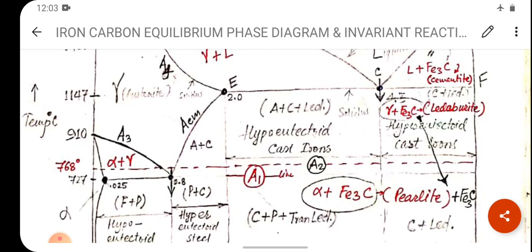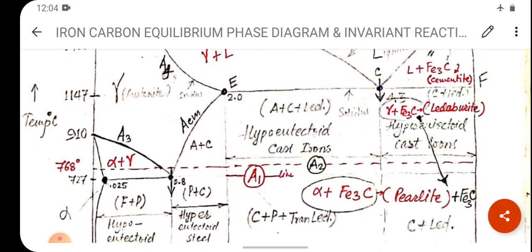Then from 0.8 draw a line to 0.25% of carbon, and from here you can move in upward direction, and it will meet at 910 degree Celsius, and from 910 degree Celsius point to 0.8 join a line, so it will give you A3 and E to 0.8 ACM.